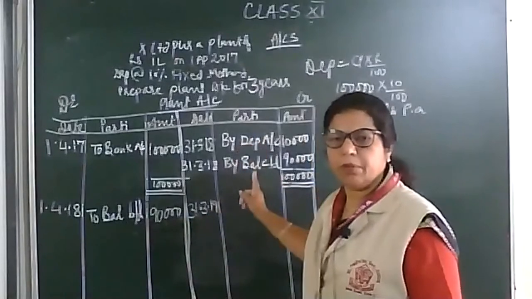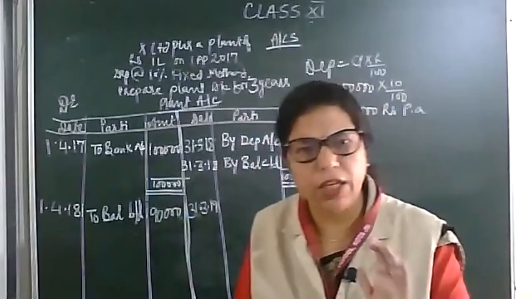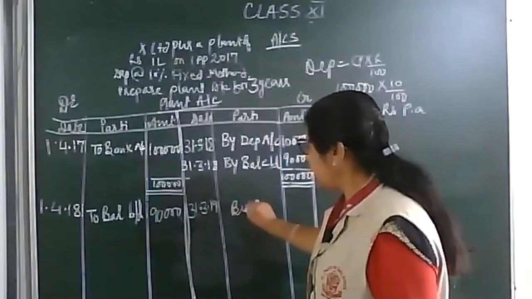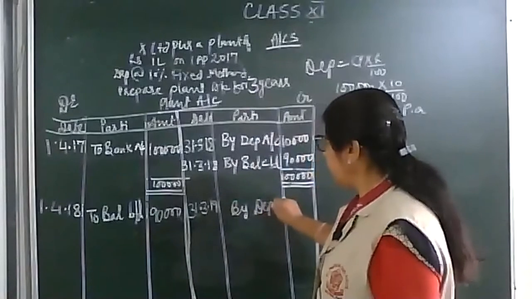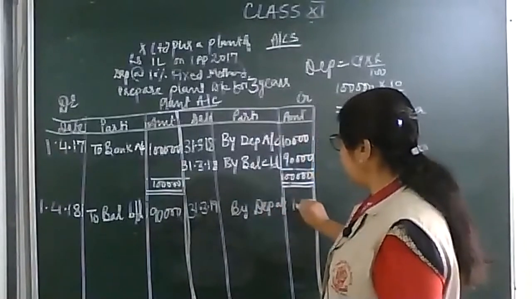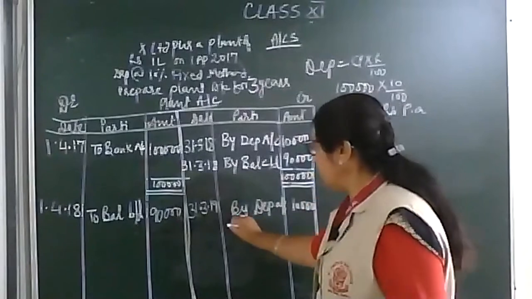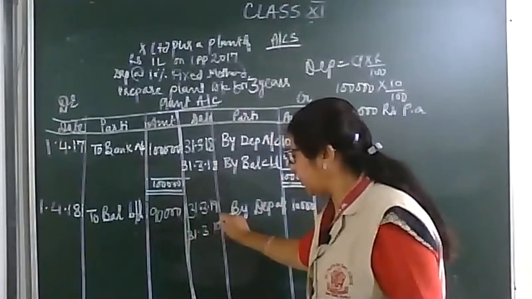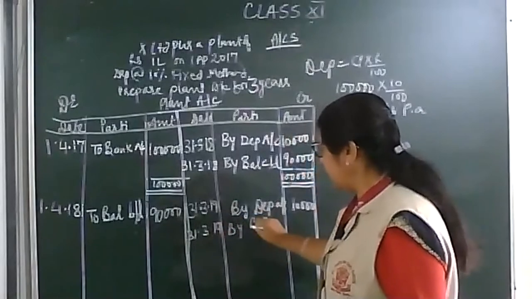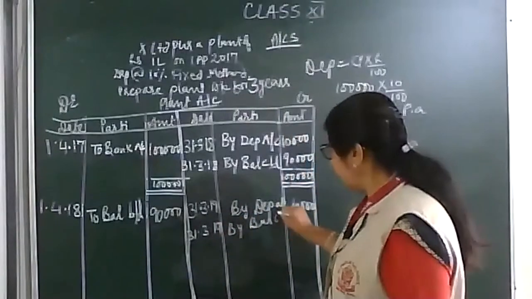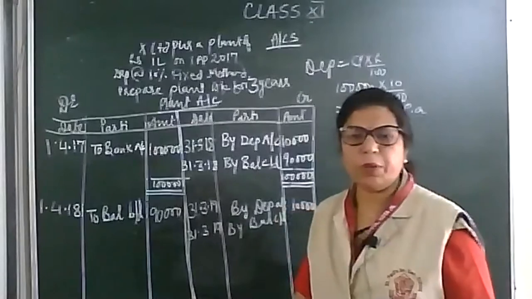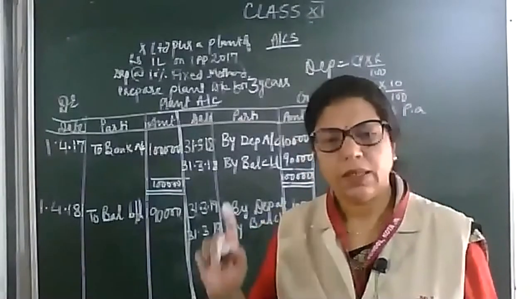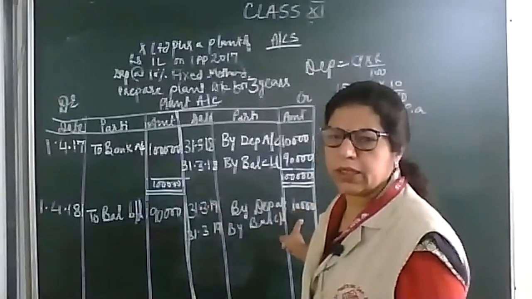Now the same method, because this is fixed method, that's why by depreciation account 10,000, by same date 31st March 19 by balance CD. Now what will be the balance remaining? 90,000 minus 10,000.